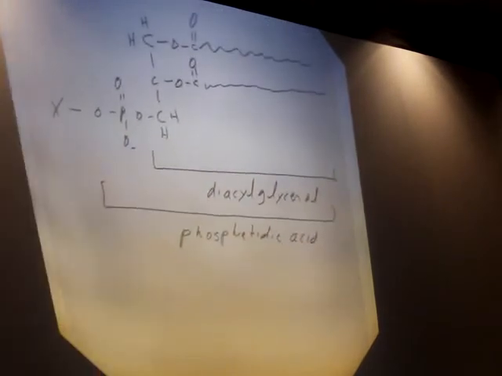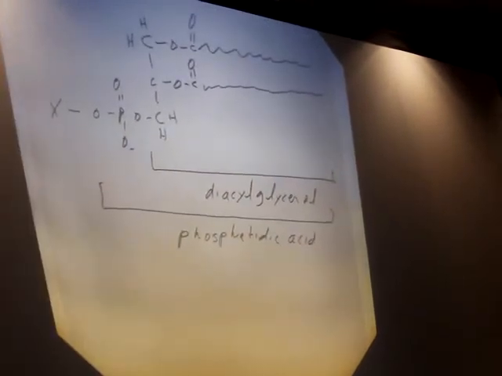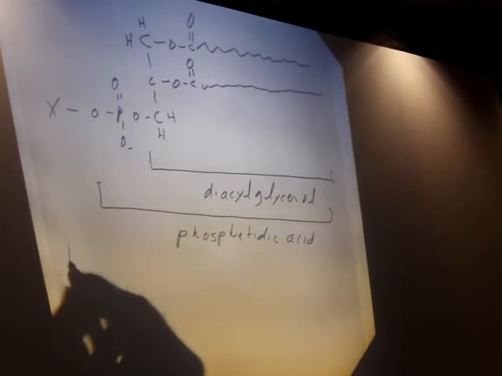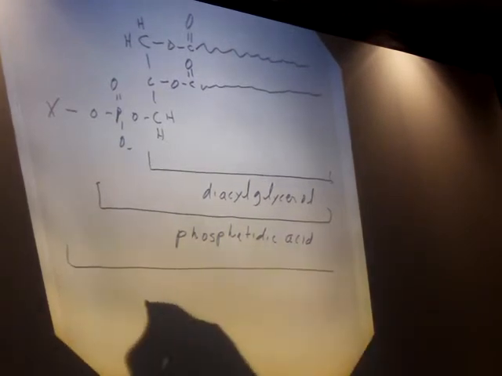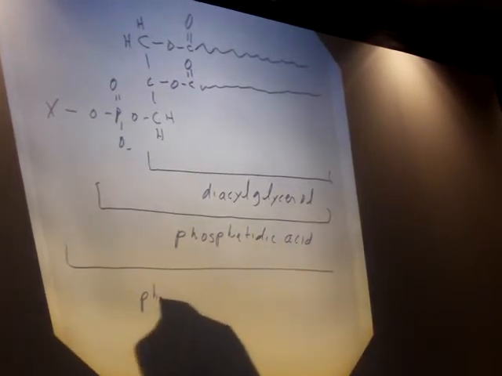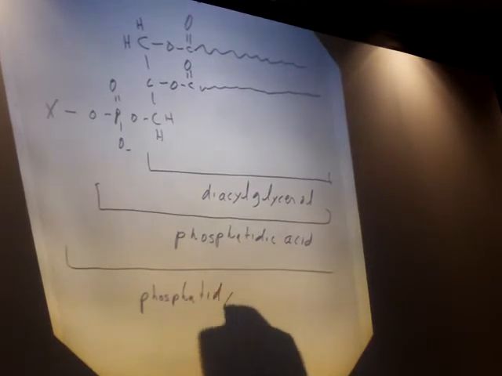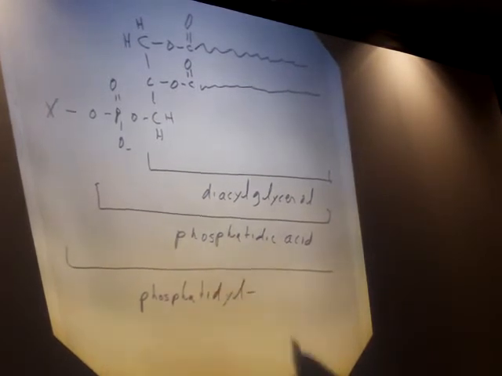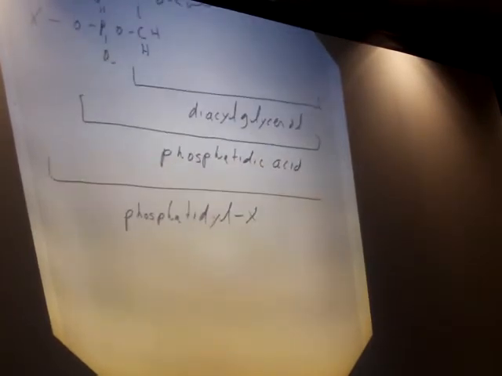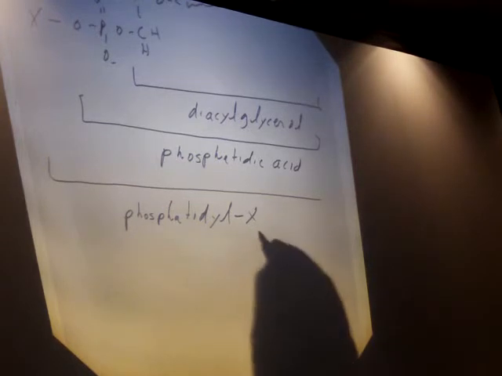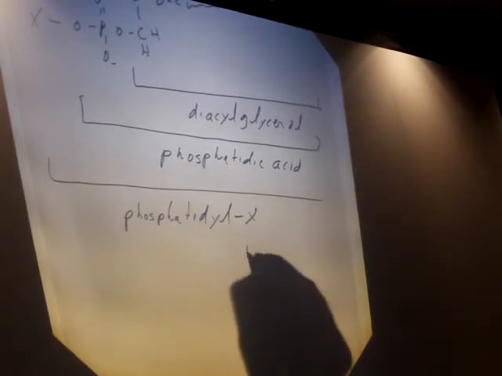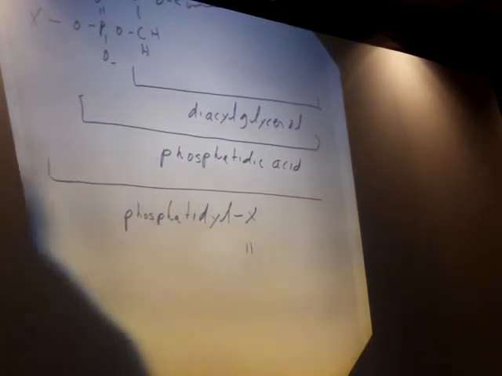And then the entire group is known as, usually they're called phosphatidyl X, where X can be a proton, in which case you end up with phosphatidic acid.